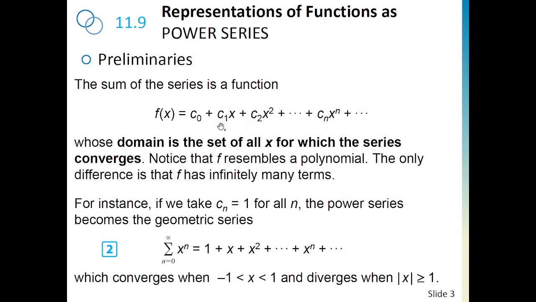Obviously this looks like a polynomial, except that this keeps going forever, so it's not really a polynomial. And again, this is a function of x, x is a variable, c0, c1, c2, c3 are the constants. This equality holds when the series is convergent, and it's convergent inside the interval of convergence.